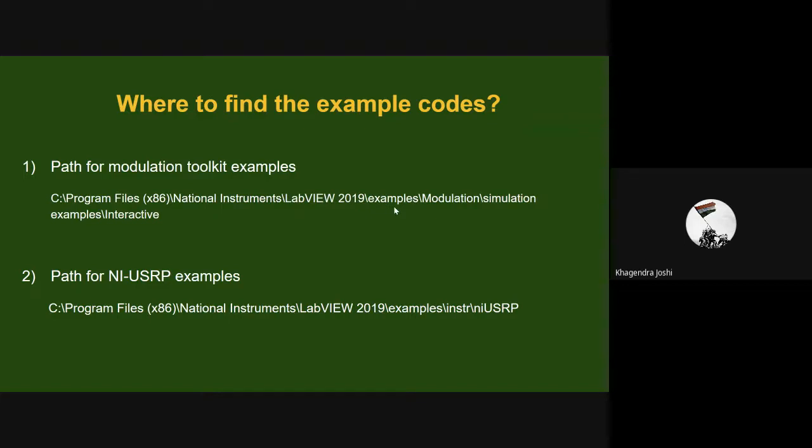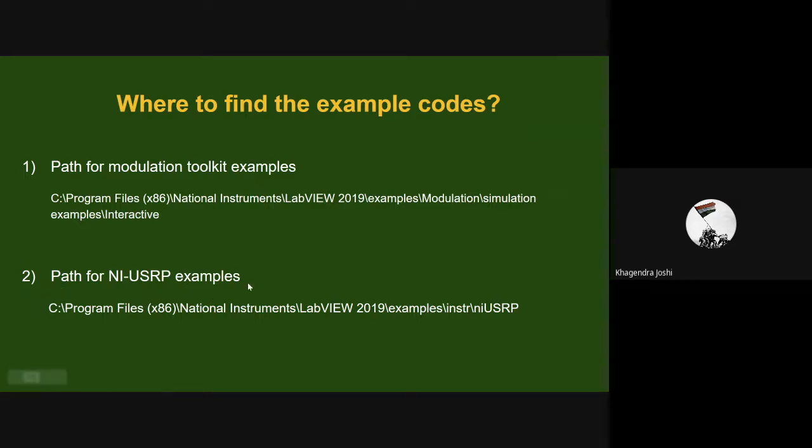Their examples you will be able to see in the modulation simulation examples, and in examples interactive. All the examples you'll find there. And as we were seeing the NI-USRP examples related to modulation, all the examples listed in the modulation were having those NI-USRP blocks in them, right?